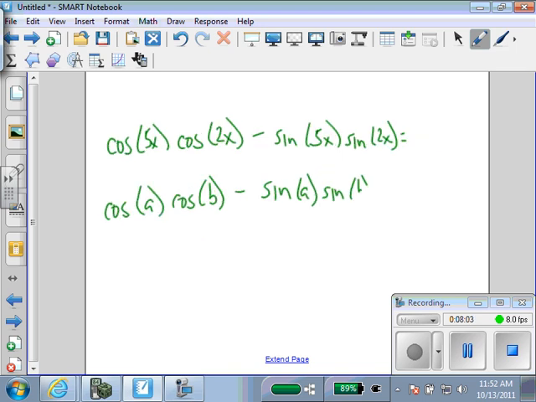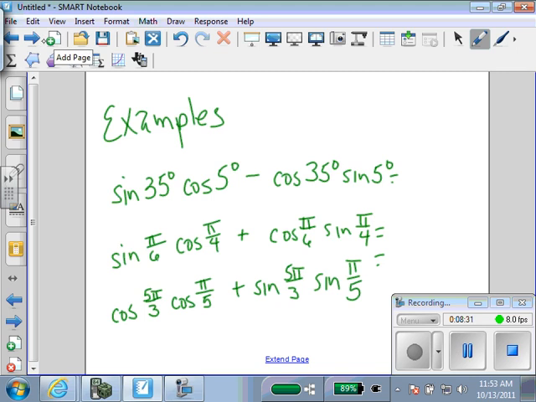So that means if I do cosine 5x, cosine 2x, minus sine 5x, sine 2x, and I want you to do it on your calculator, but you're definitely going to see a cosine wave. You're going to see a lot of them. You're going to see 7 waves. So if I have cosine A, cosine B, minus sine A, sine B, I'm going to actually see cosine of A plus B. Okay, so these are our 4 new identities.